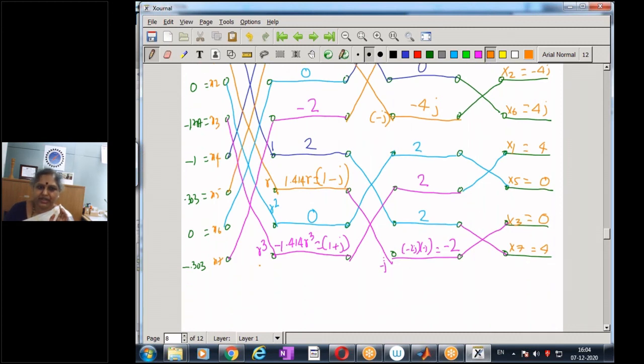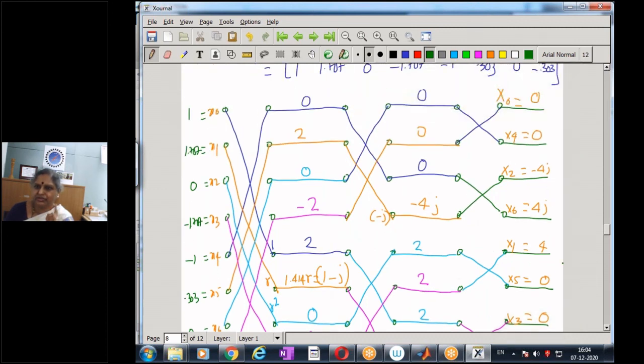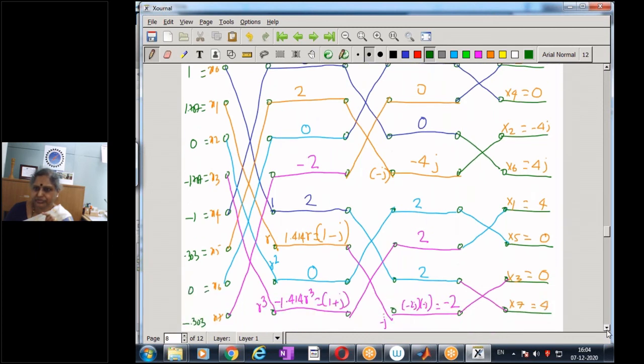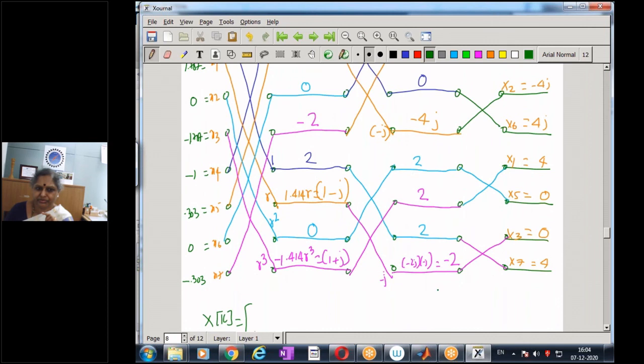So now we need to write down the final result x of k. How is my result x of k? X of 0 is a 0. Then x1 is a 4. X2 is a minus 4j. X3 is a 0.